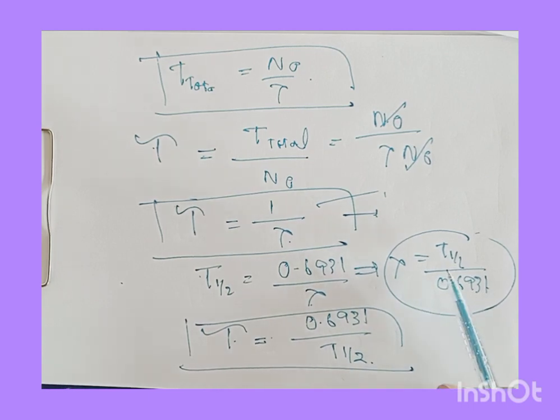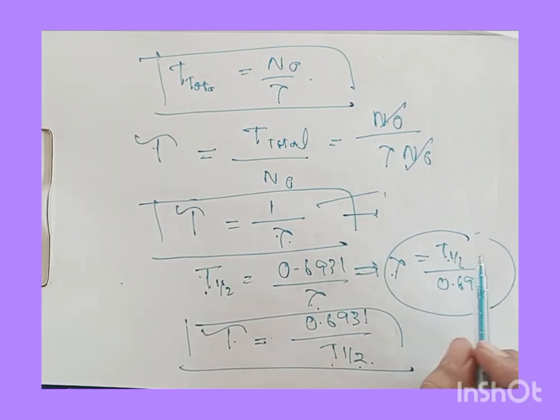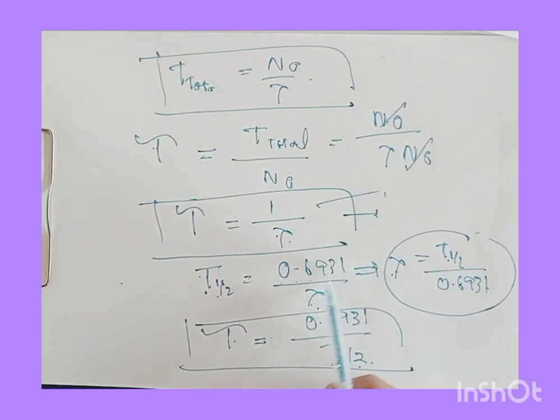So for T half, is it right? Yeah, this is right. So this is for lambda. Here I have to use T half. Something is wrong. Is it okay here? This is T half, and T half is 0.6931 by lambda.